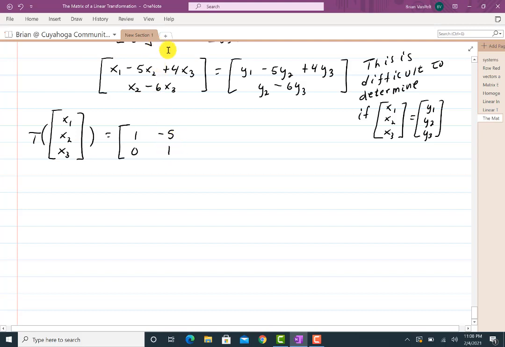And then for the x3s, I have a 4 and a -6. Now, suppose that that is equal to, I don't know, some b1, b2. So this will be a b vector off in the rangeland.